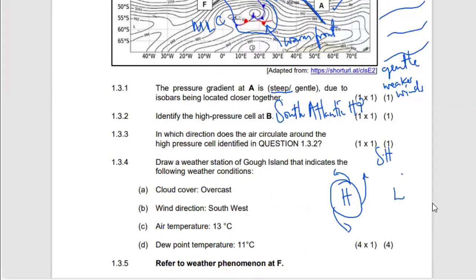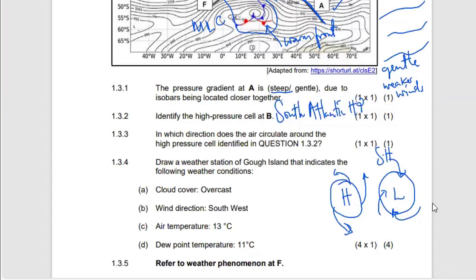And when you have a low pressure cell in the southern hemisphere, the air feeds into the low in a clockwise direction, like this. So it's anti-clockwise out of the high pressure cell in the southern hemisphere and clockwise into the center of the low pressure cell.